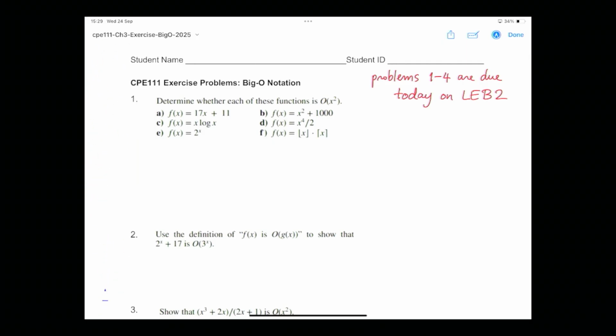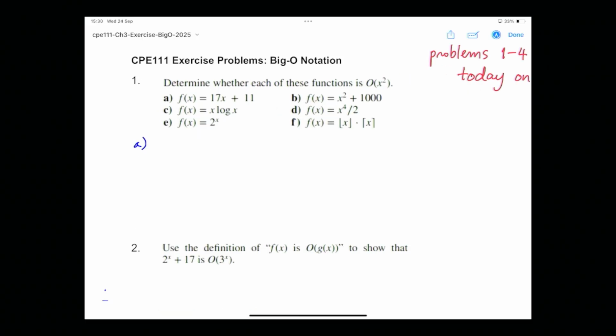For A, find out if the function's big O is x squared, so that is to find out if this is true. According to the definition of big O, we must be able to find a constant C times g(x), which is this one.